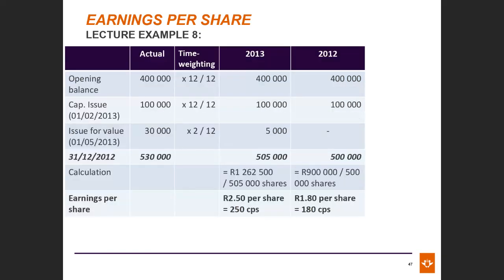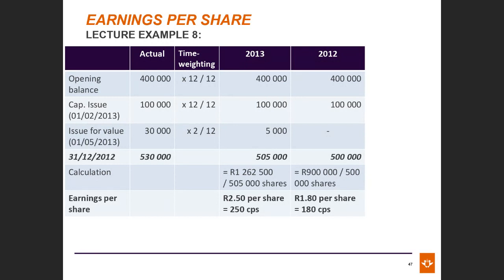Remember, in this slide, we are simply calculating the weighted average number of ordinary shares. Our preference number of shares does not feature anywhere here. Okay, this slide here simply deals with our ordinary number of shares. So now that we have included our capitalization issue, which was for no value, and our issue for value, we can total this to get the total number of shares.